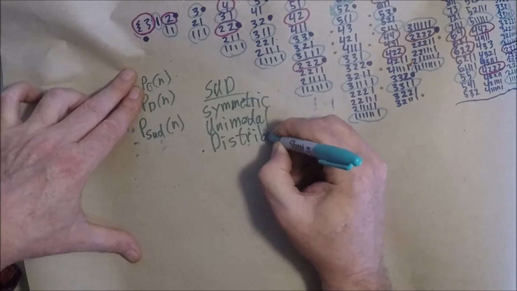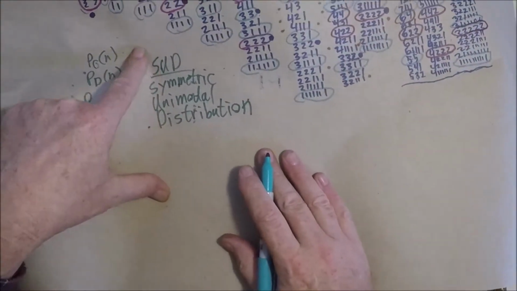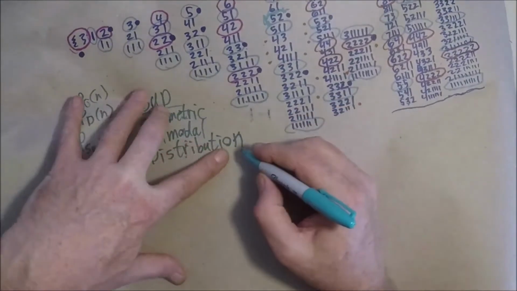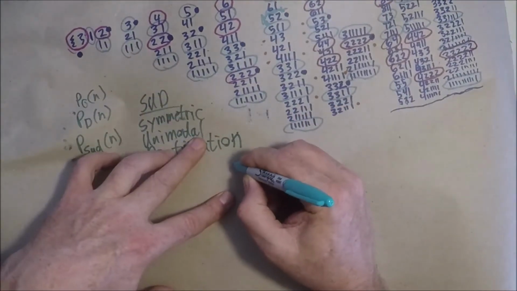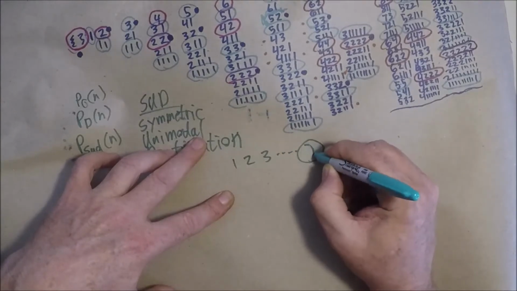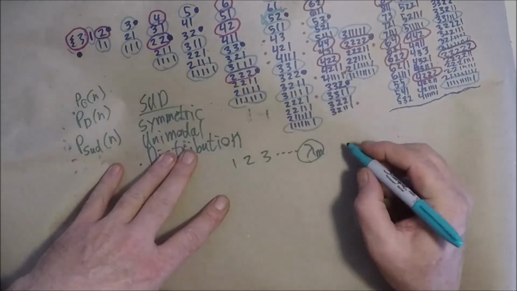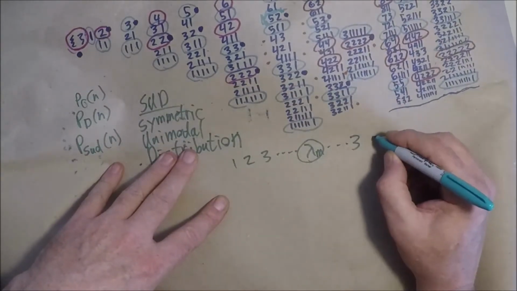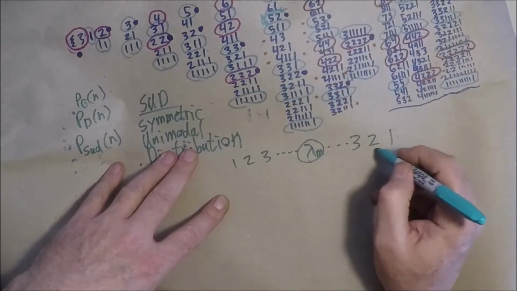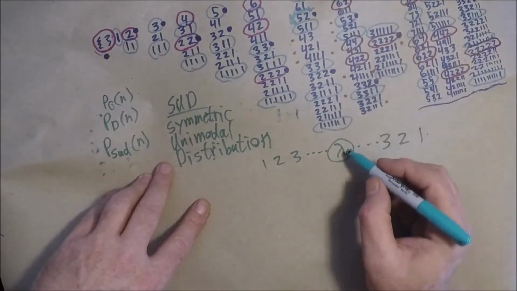These kinds of things are used in statistics a lot, but the idea behind a unimodal distribution is that it's non-decreasing up to some maximal mode value, and then it's symmetric, so it's the same thing on this side, the mirror image of it. So that would be a symmetric unimodal distribution.